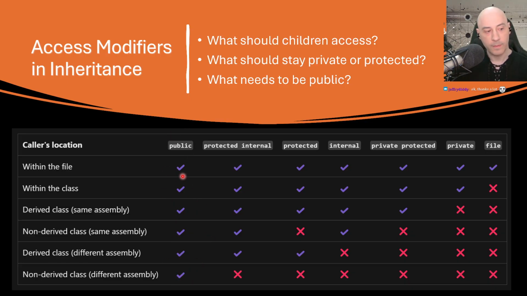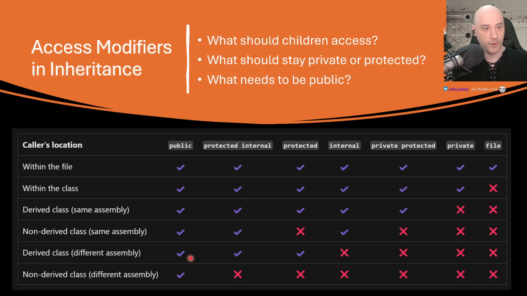It's accessible within the file, within the class, within derived classes within the same assembly, meaning child classes, within non-derived classes, meaning just regular classes that don't have children or parents, within derived classes or children classes in other assemblies, and within non-derived classes, meaning regular classes again, in different assemblies.